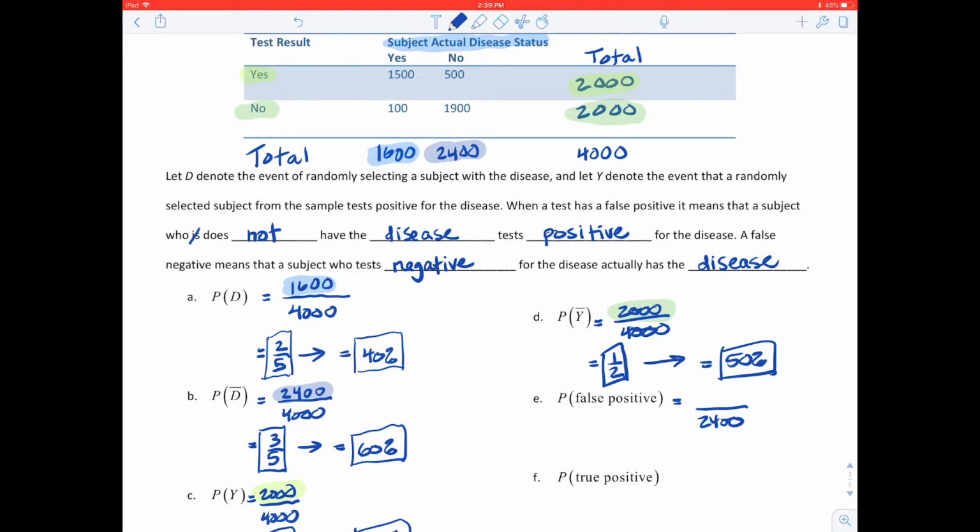But we now want to know if they test positive. And so out of the people who do not have the disease, how many test positive? Very good, 500. So we end up getting 5/24, which is approximately 20.8%.